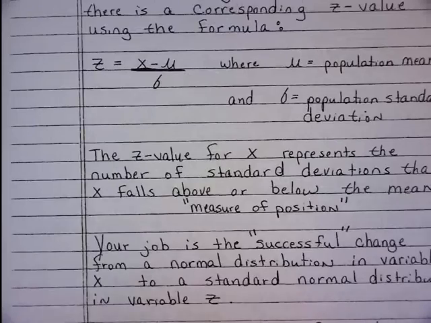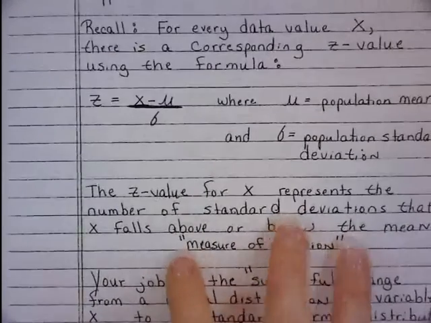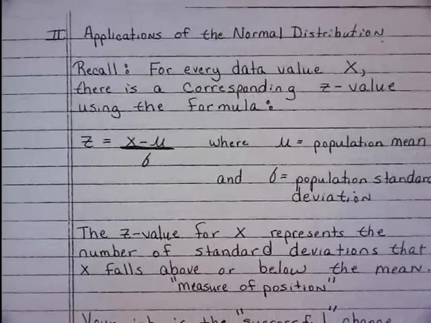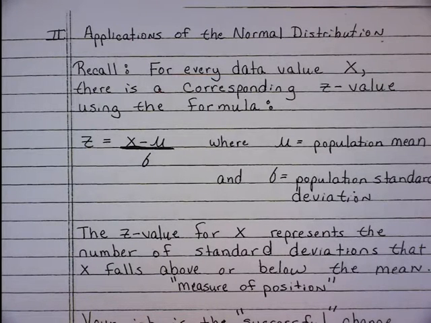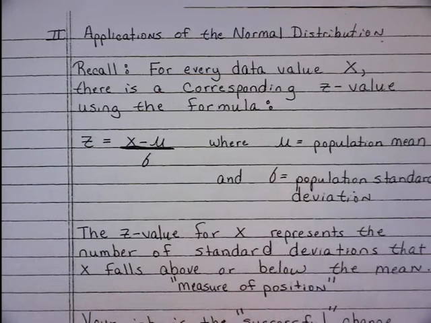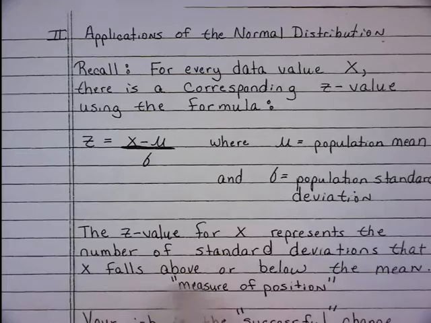Now, the background information once again before we start working the problems. Recall for every value x in a data set, there's a corresponding z-value using the famous z-score formula, and that's x minus mu over sigma. Mu is the population mean and sigma is the population standard deviation. The z-value for x represents the number of standard deviations that x falls above or below the mean.